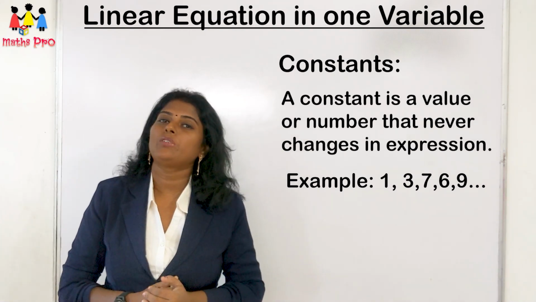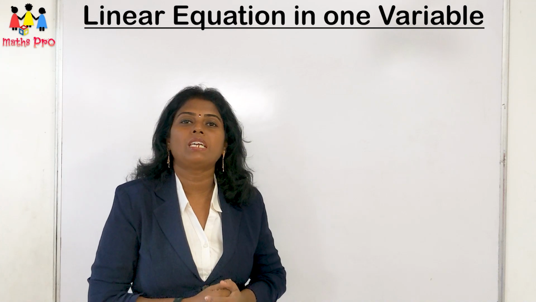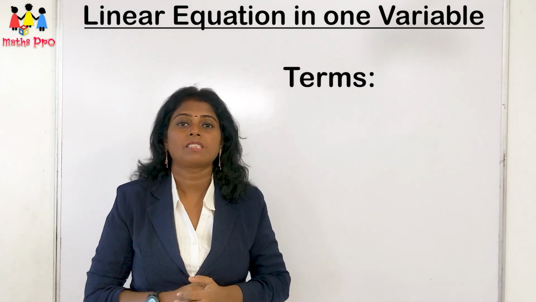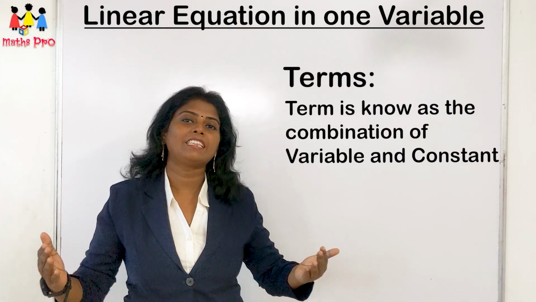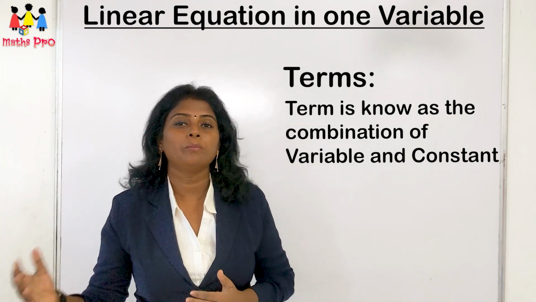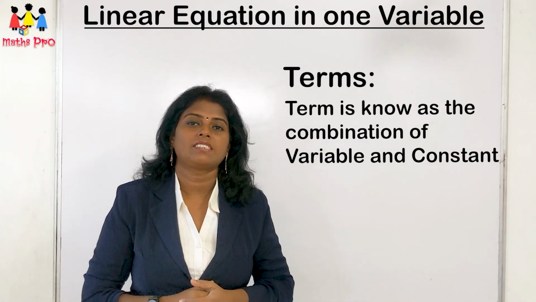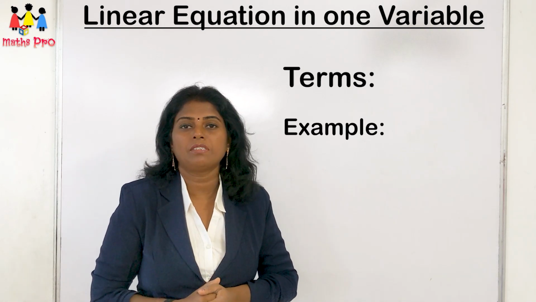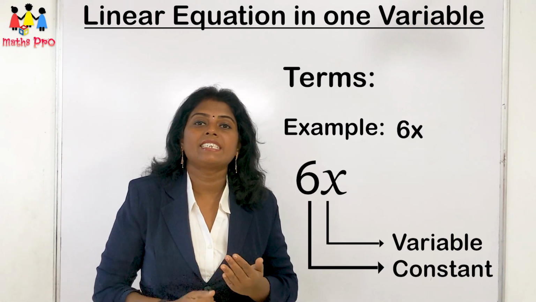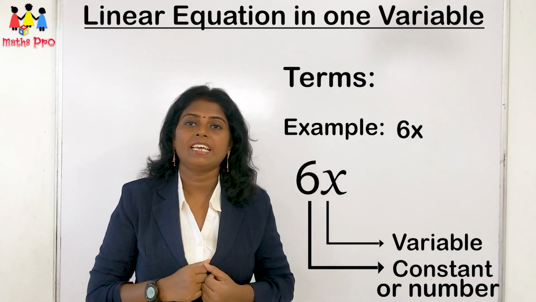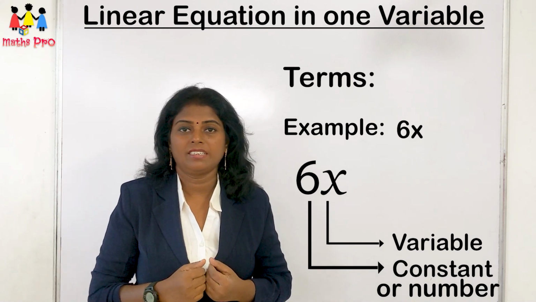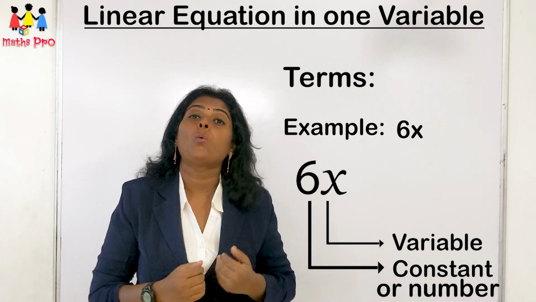Next we are going to see what is meant by terms. Terms are nothing but the combinations of variables and constants. For example, 6x: 6 is a number and x is a variable.